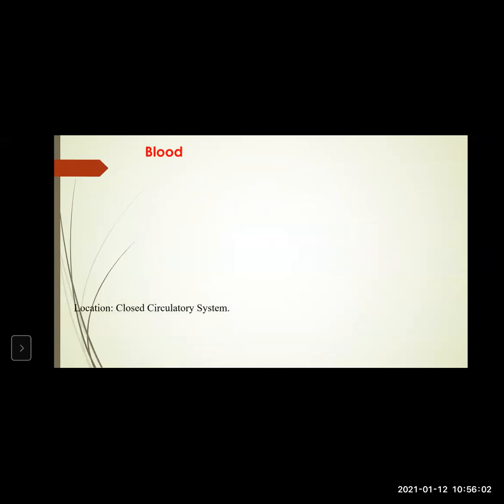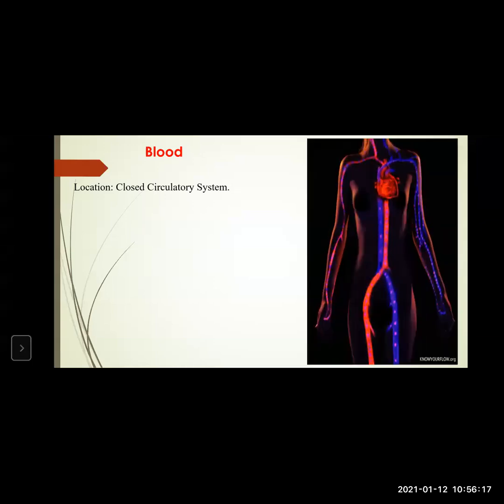Let us discuss blood location. Where is blood present? It is very well known. Blood flows in the blood vessels, that is in our veins and arteries, from the heart, which is also closed.